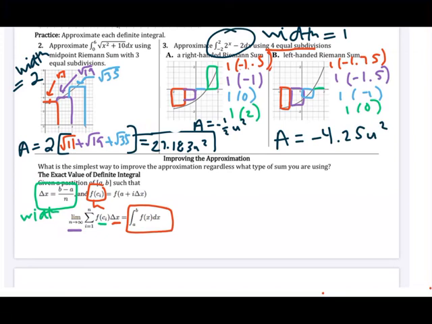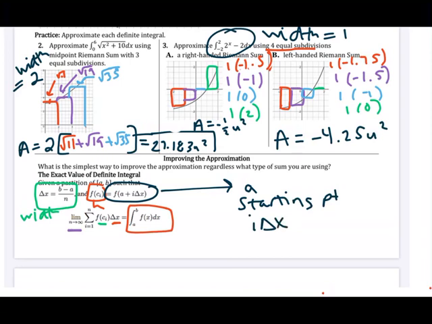Something else in here, and you might see this notation used on a variety of different types of AP style questions. This is really just saying the height of each rectangle, and it's because we're talking about a being our starting point and delta x is the same thing as saying b minus a over n, times i. i is just whatever we're changing by.